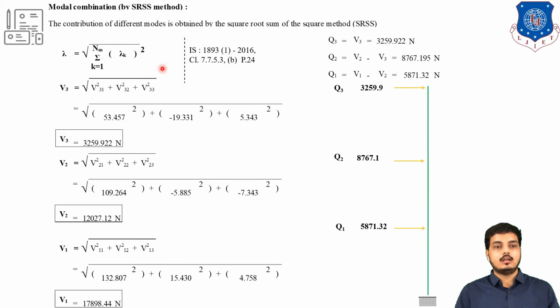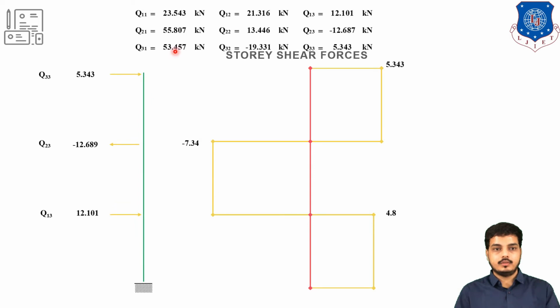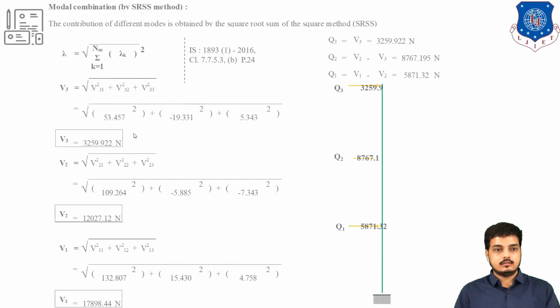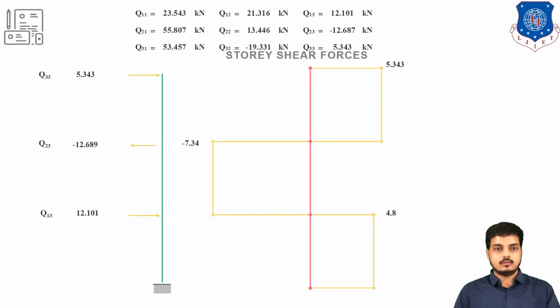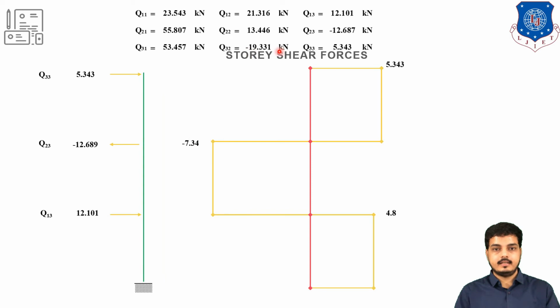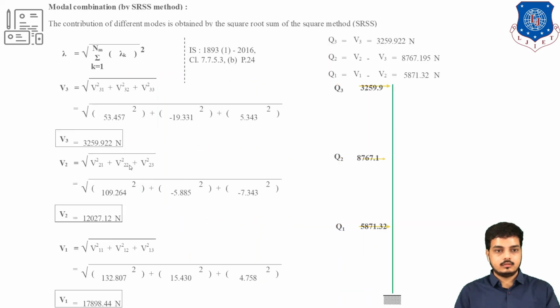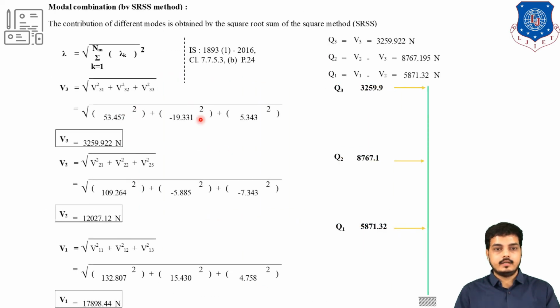So V is nothing but under root of V31 the whole square, V32 the whole square, and V33 the whole square. These V values are over here, you can see these are my values 53, minus 19 and 5.34. So the whole square of it, I'll be getting my V3 value.